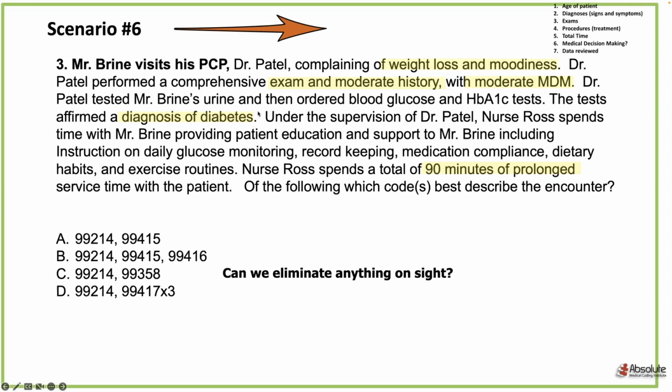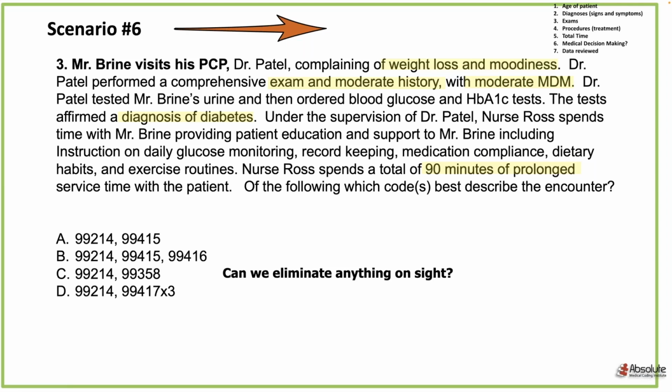In this scenario, this patient is clearly face-to-face with the doctor, and the doctor is not carrying out prolonged services. How do we know? This doctor had a moderate MDM. In order for this doctor to have prolonged services, two things need to happen.